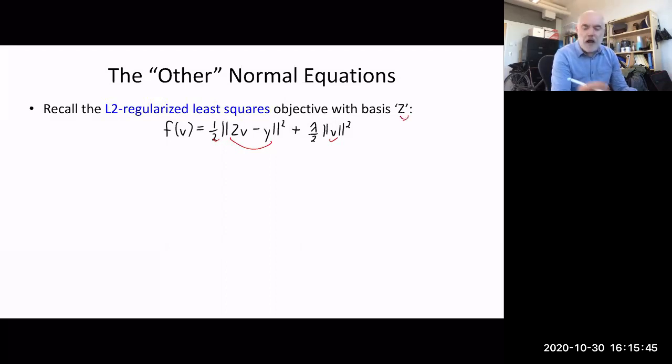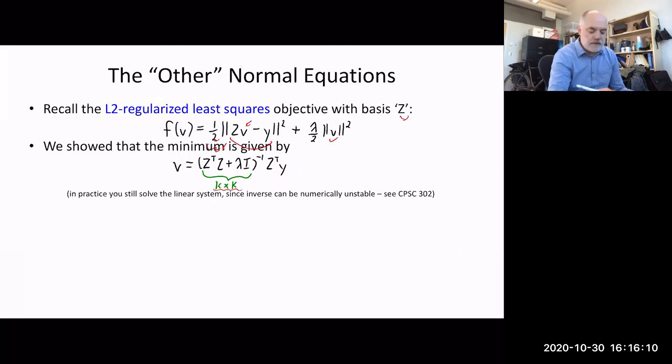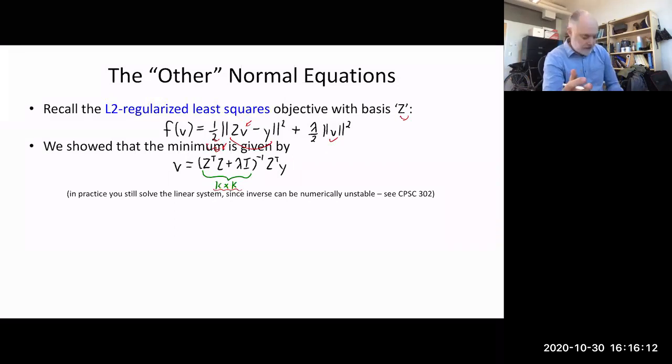And we're operating in basis Z with parameters V, okay? So we're going to think about the expanded feature set for a second. And then we showed that a minimizer was given by this equation. This equation should be very comfortable for all of you at this point. That's nothing terribly surprising. Just remember that this is K by K rather than D by D.